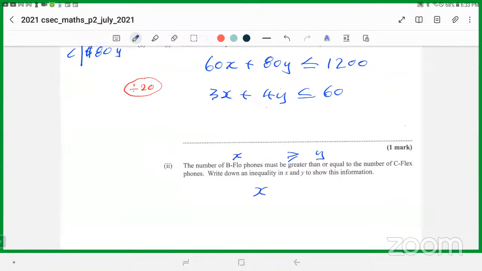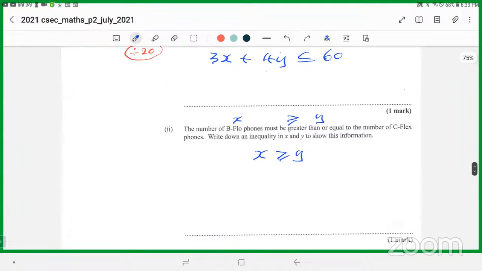See there, X must be greater than or equal to Y. But remember in this class, we like when the Y is on the left side of the inequality. Because when the Y is on the left side and the Y is positive, less than means below, greater than means above. So I'm going to take this and spin it around. It's the same as saying Y is less than or equal to X. Same thing. So I prefer to work with this. Means the same thing.